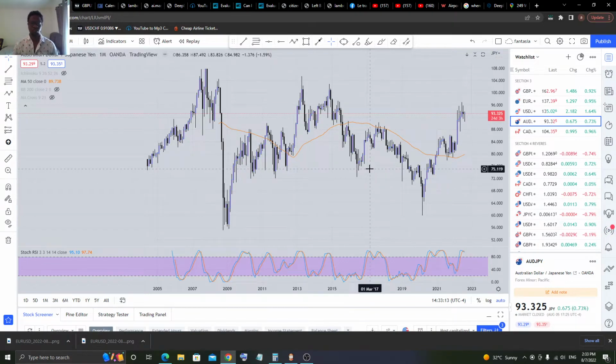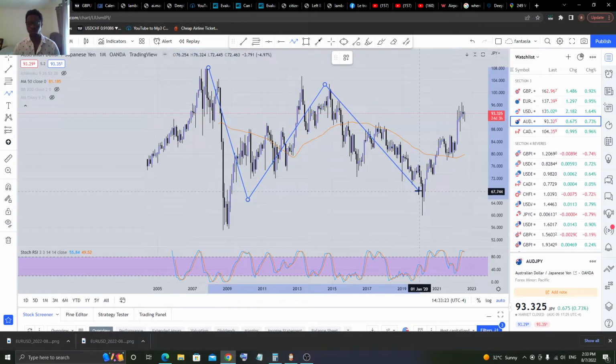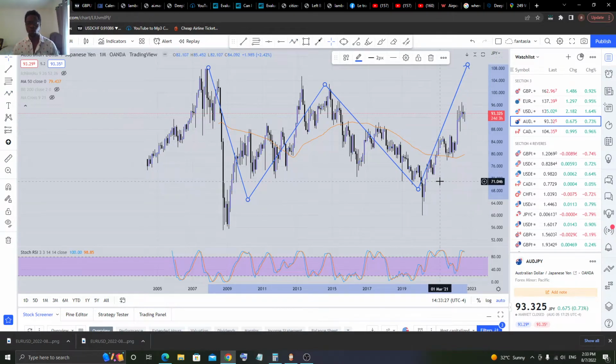Looking at this market, the first thing you see is a big W formation. Even in the higher time frame, it's still the same thing. What happens in the lower time frame always happens in the higher time frame. Understand this.